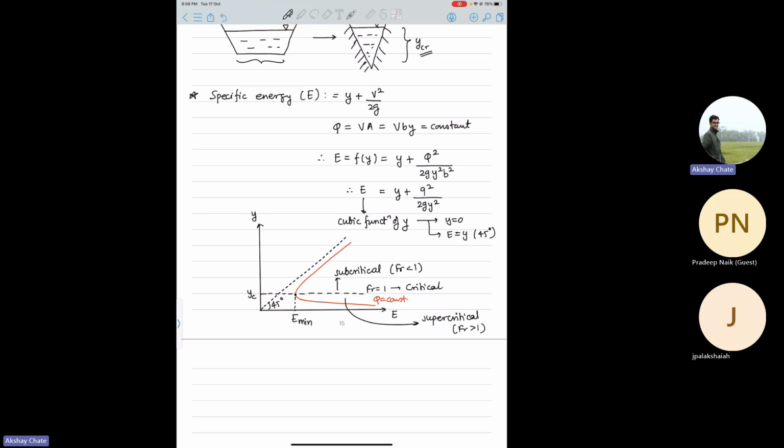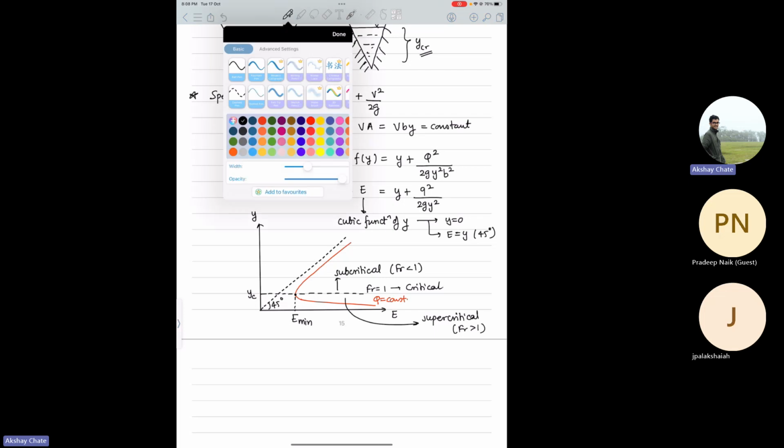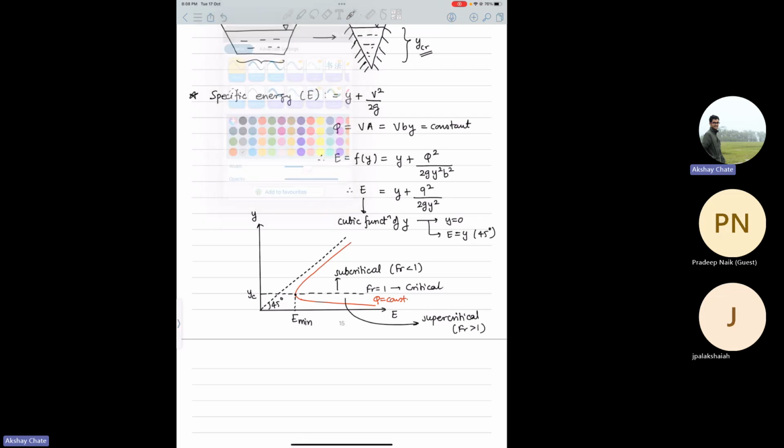So for any value of y which is greater than yc, you can have, let's say, I don't want to make this figure complicated, but let's say you have some energy state in your flow which is here.